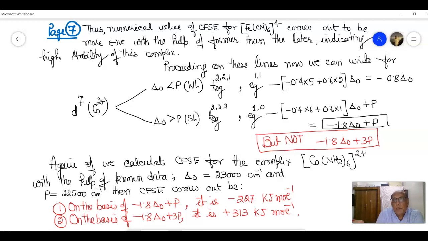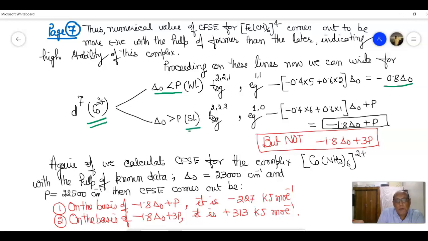Now proceeding on these lines, we can write for d7 cobalt(II). Again two cases: if Δo is less than P, CFSE will be −0.8 Δo. There are 7 electrons, so the configuration in case of weak ligand will be t2g5 eg2.